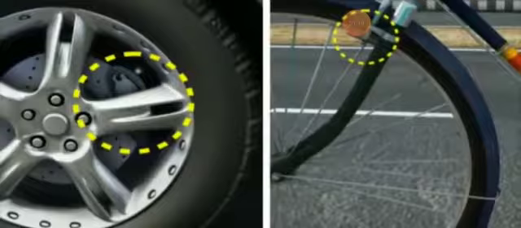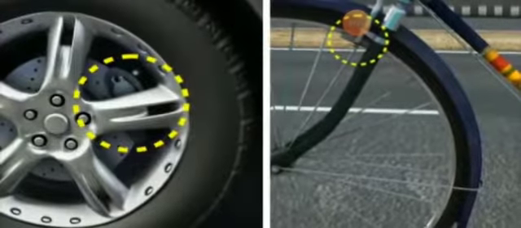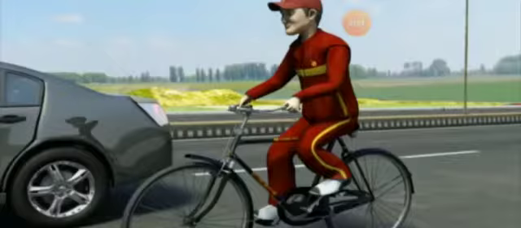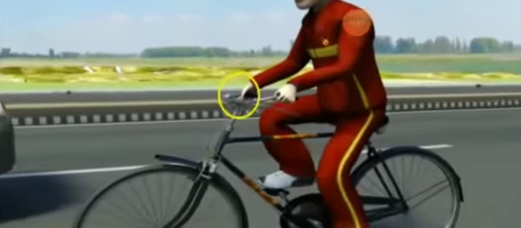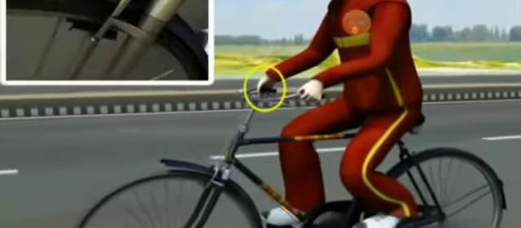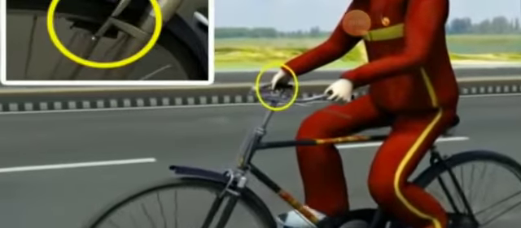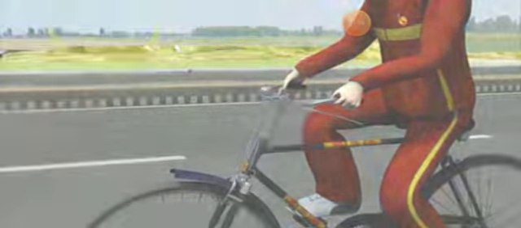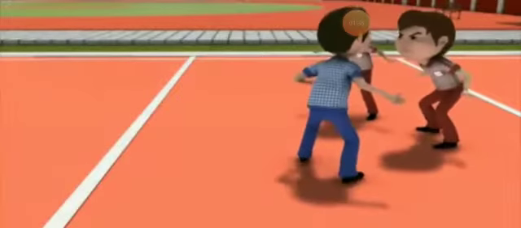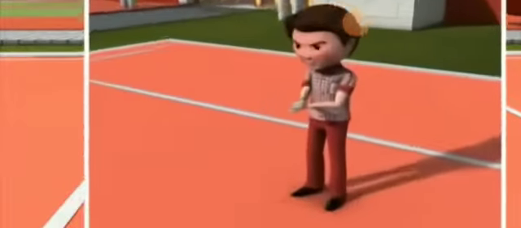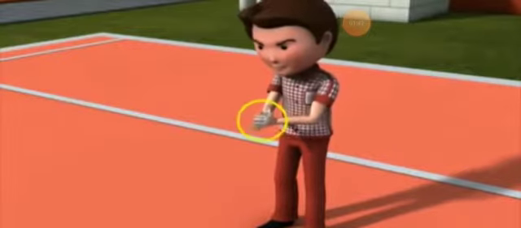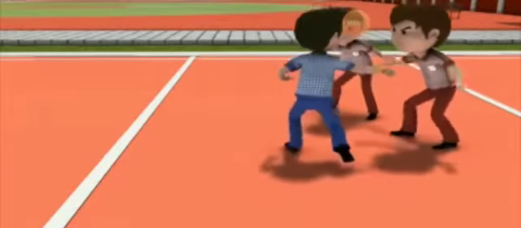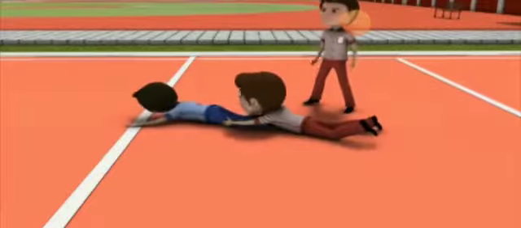There you can see the grooves in the shoes and on the wheel, and because of these grooves the vehicle or the person can move easily on the road. The players put a coarse substance or sand on their hands so that the friction will be increased.